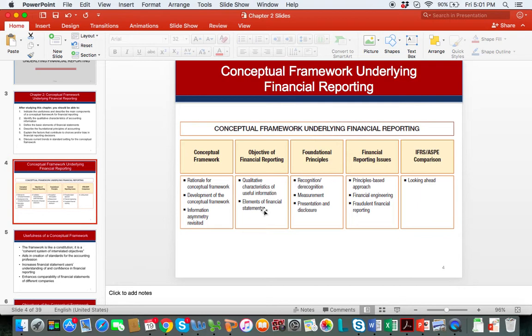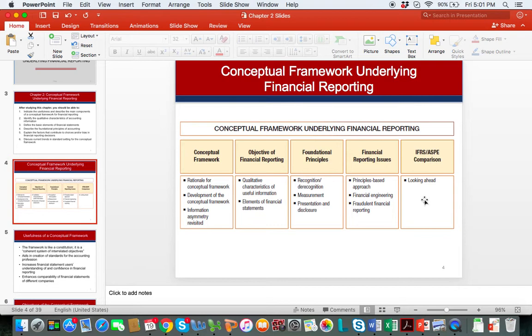And then we were looking at the elements of financial statements, like our assets, liabilities, incomes, expenses, gains, losses, etc. So how we recognise and de-recognise assets and liabilities, how we measure them, how we present them and disclose notes if required, like for things like going concern. And then our principles-based approach, financial information and fraudulent financial reporting.